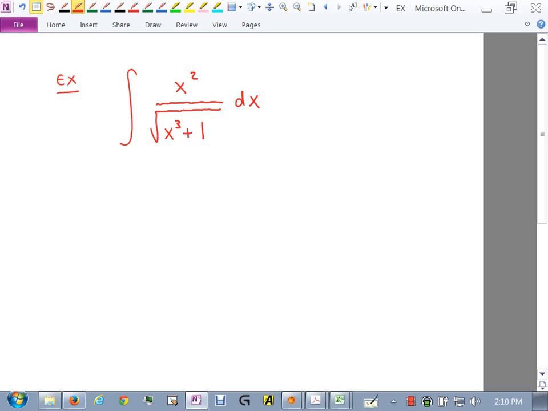Is that something you just look at and go, oh yeah, I know the antiderivative of that? It's not one of the obvious ones like the antiderivative of cosine, right? Is it power rule? Could you rewrite this as powers of x? You have to be careful. That denominator could be rewritten like that, right? But I don't think you're going to go anywhere from there, because that 1/2 cannot go to each one of these.